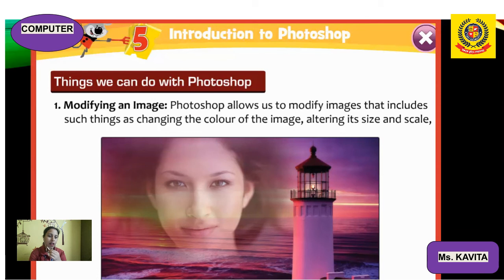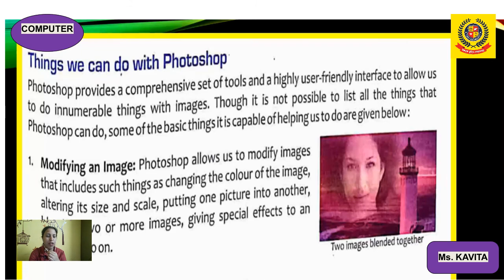It provides a set of tools and a highly user-friendly interface. It allows us to do innumerable things with the images. Though it is not possible to list all the things Photoshop can do, some basic things it is capable of helping us to do are given below.